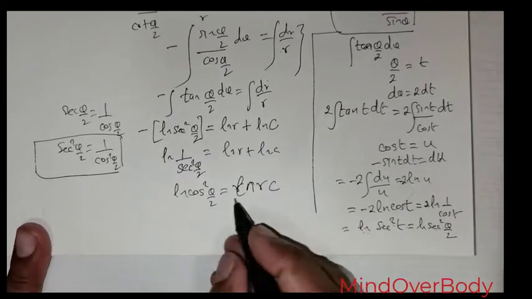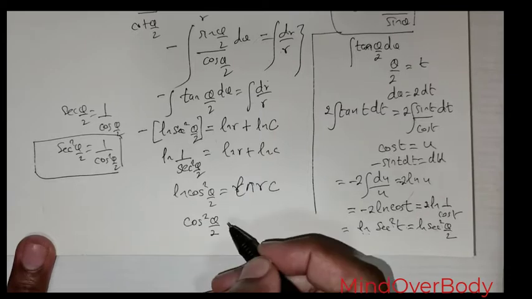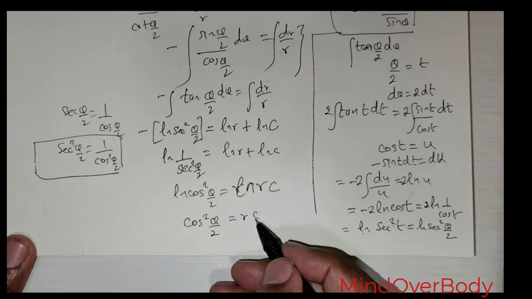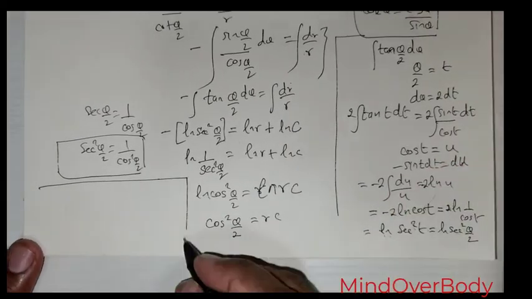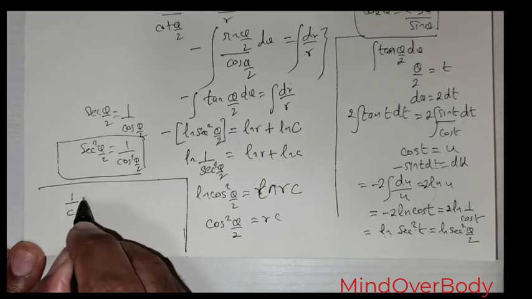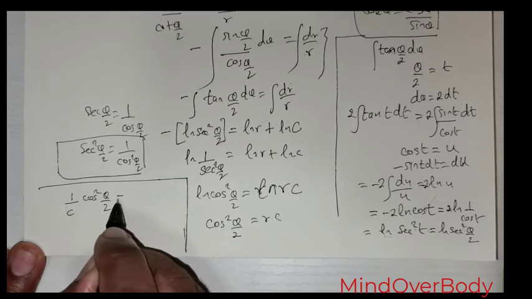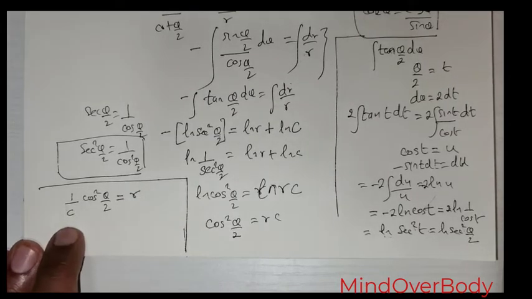I can get rid of ln on both sides, so that would mean I get cos squared theta over 2 is equal to r times c, but I can push the c down over here. So if I were to push the c down, I would get 1 over c times cos squared theta over 2 is equal to r. This is what I get. Now c is an arbitrary constant.